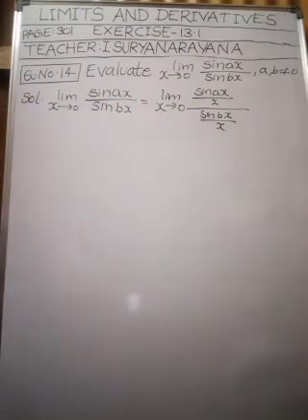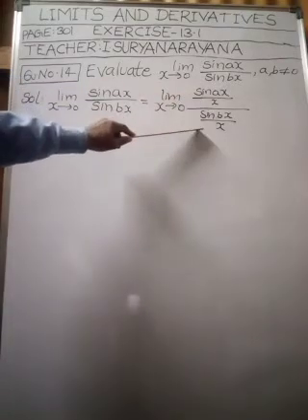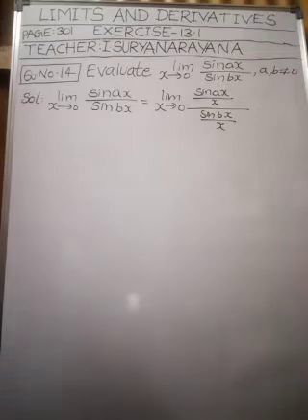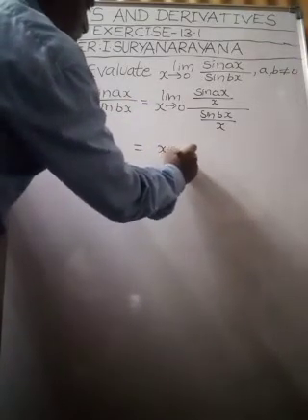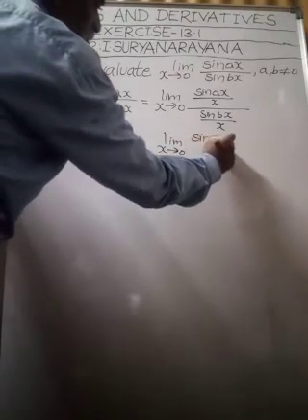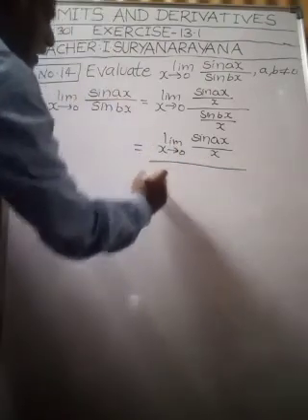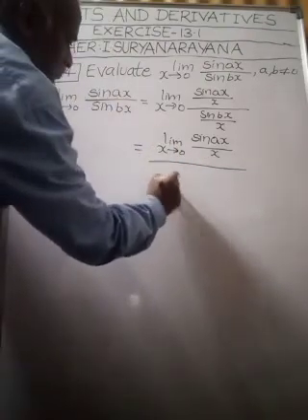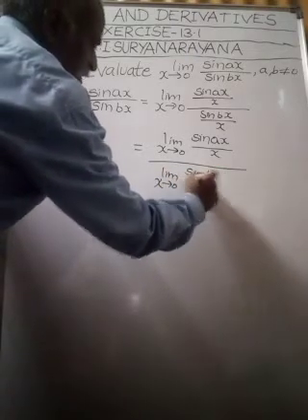Now we can find the limit of the numerator separately, and the limit of the denominator separately. So as x tends to 0, limit sin ax by x, whole divided by, as x tends to 0, limit sin bx by x.